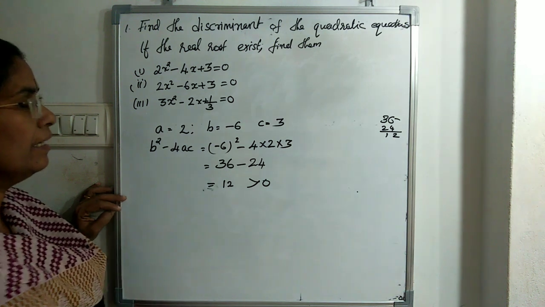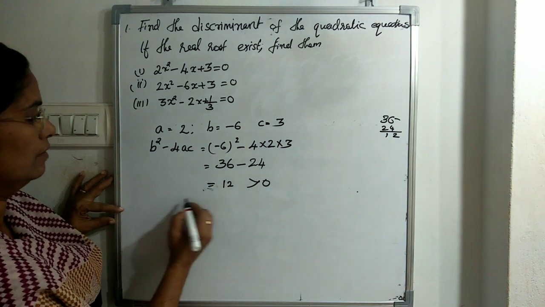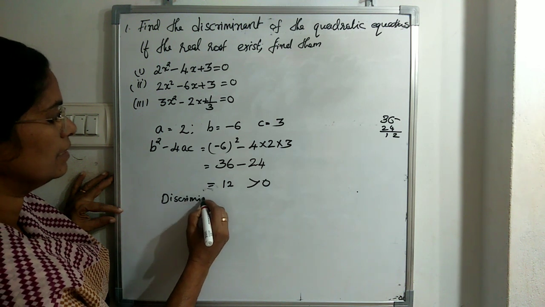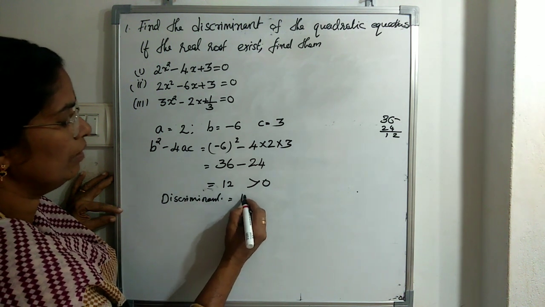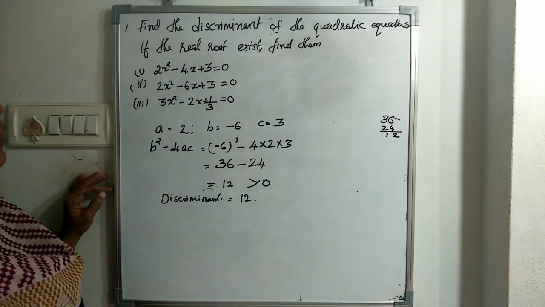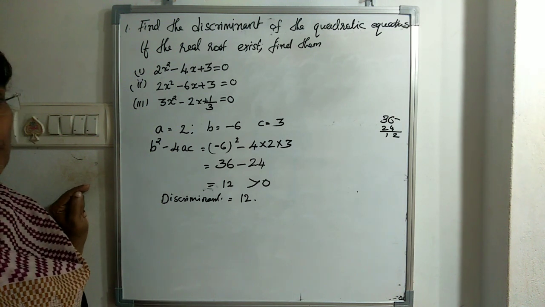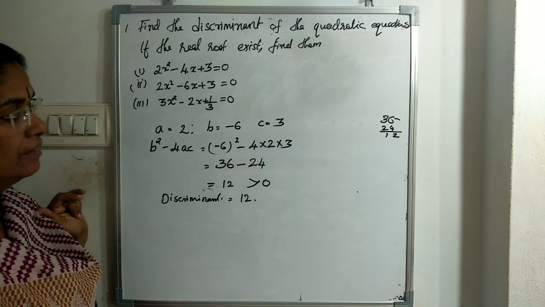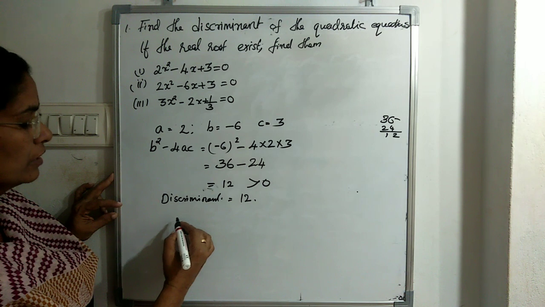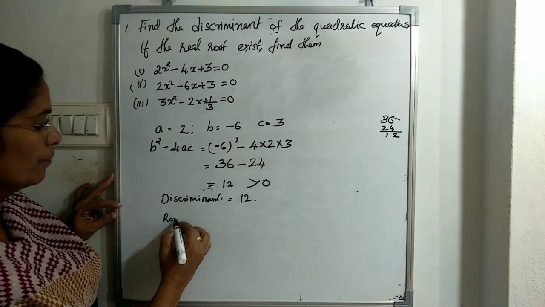So we can say this. First we have to write discriminant is equal to 12 and it is greater than 0. The nature of the root is two real and distinct roots. So we have to find the roots.